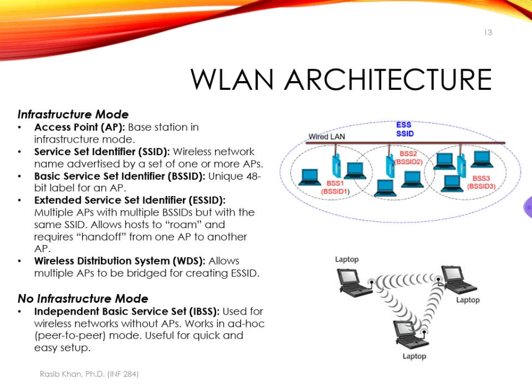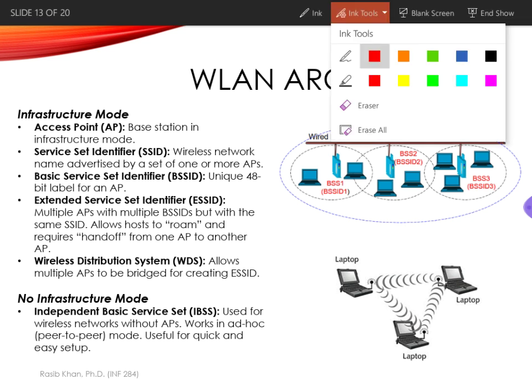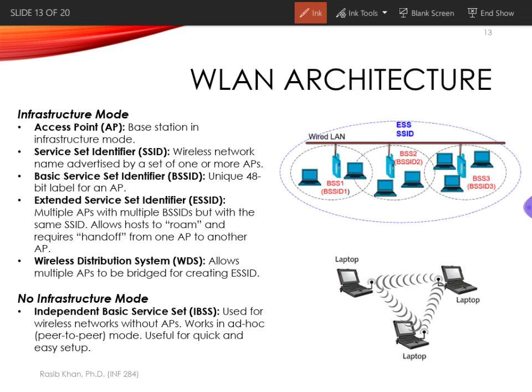All right. So when we are talking about wireless LANs, there are certain elements which are related to the operational specification of wireless LANs. A wireless LAN architecture can be operating in two modes that we have already seen.